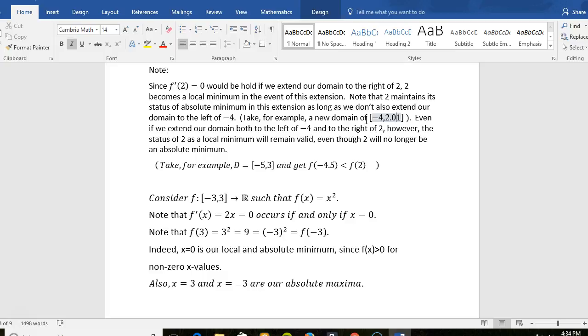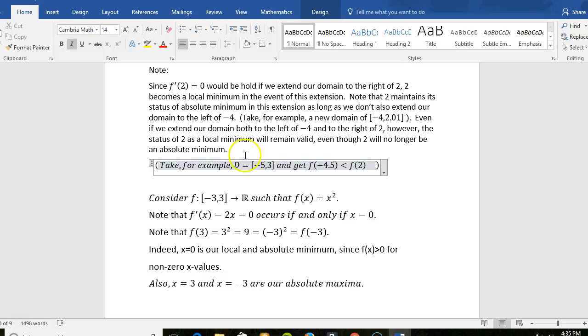Now, as far as absolute minimum goes, yes, it does matter. If you go past negative 4 to the left, it might, and I'm pretty sure it will, ruin your absolute minimum.